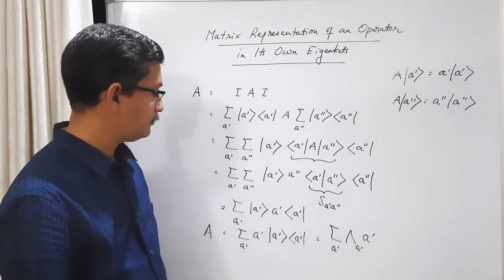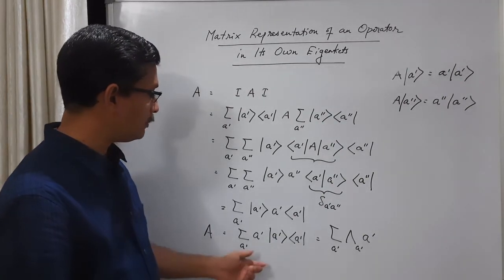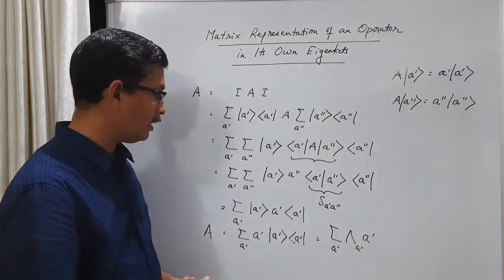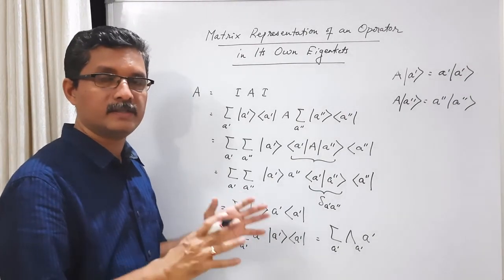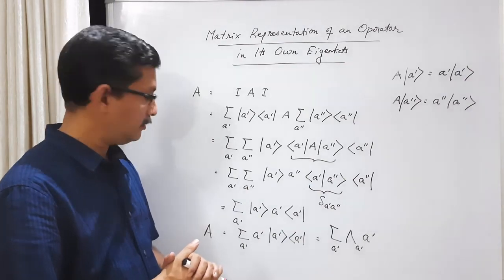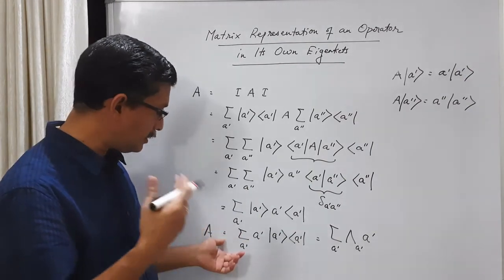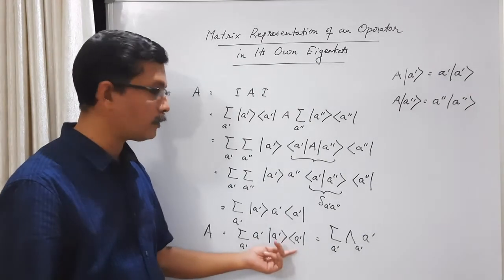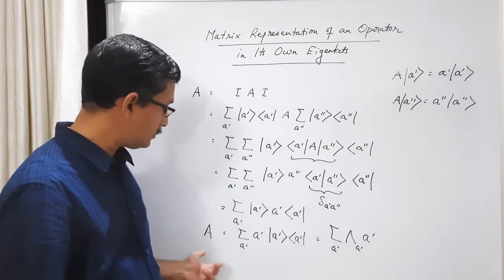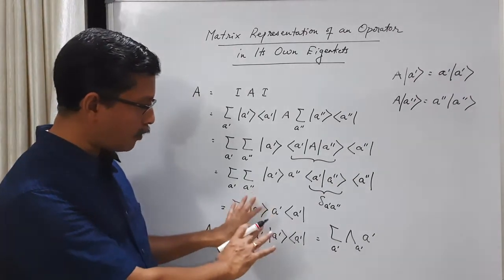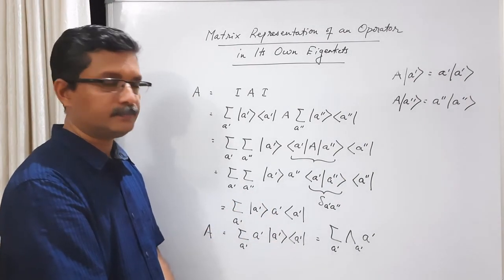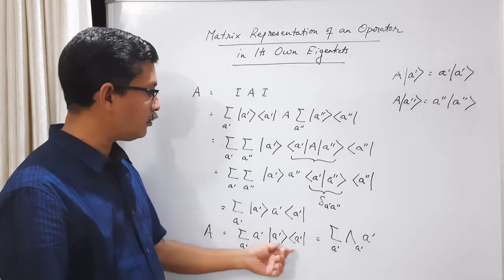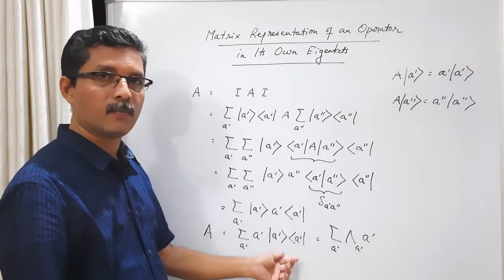So this is a simpler form compared to the earlier form that we have seen in a general ket. Here it is still an n by n matrix, because we know that this will be an outer product, and an outer product will be an n by n matrix. So this is represented by an n by n matrix, but the format is very simple. That's the idea: summation over A', each eigenvalue multiplied by this projection operator.